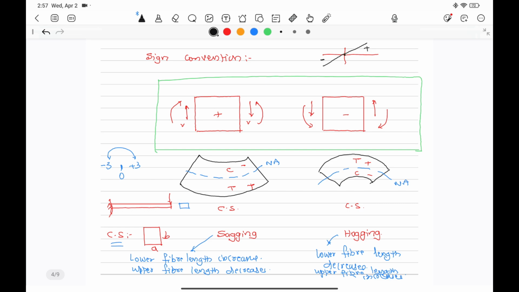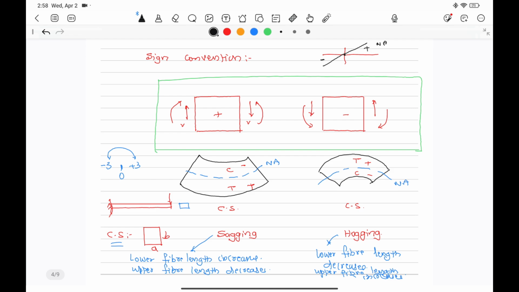But is it possible in practice that this passes through origin? This is called the neutral axis. Sometimes neutral axis doesn't pass through origin. Those cases are for advanced studies. We will discuss here normal conditions where it passes through origin.